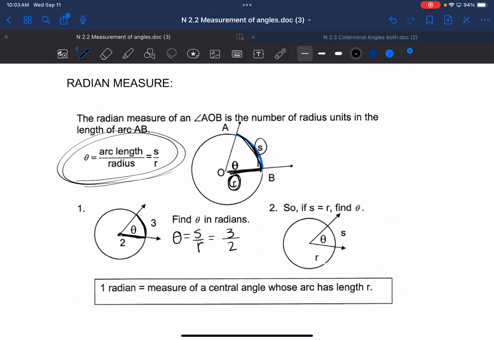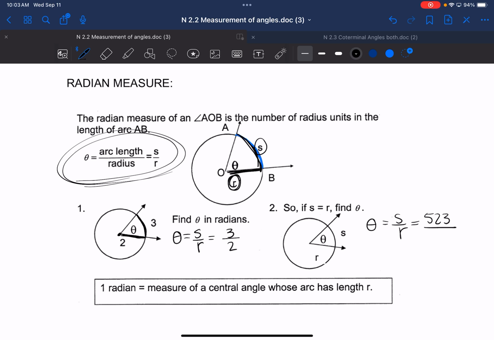All right. This one says, if S is equal to R, find theta. So again, theta is equal to S over R, right? Did they say what S or R was? No, but they did say they were equal to one another, right? So I could pick any number in the world. Let's say S is 523.